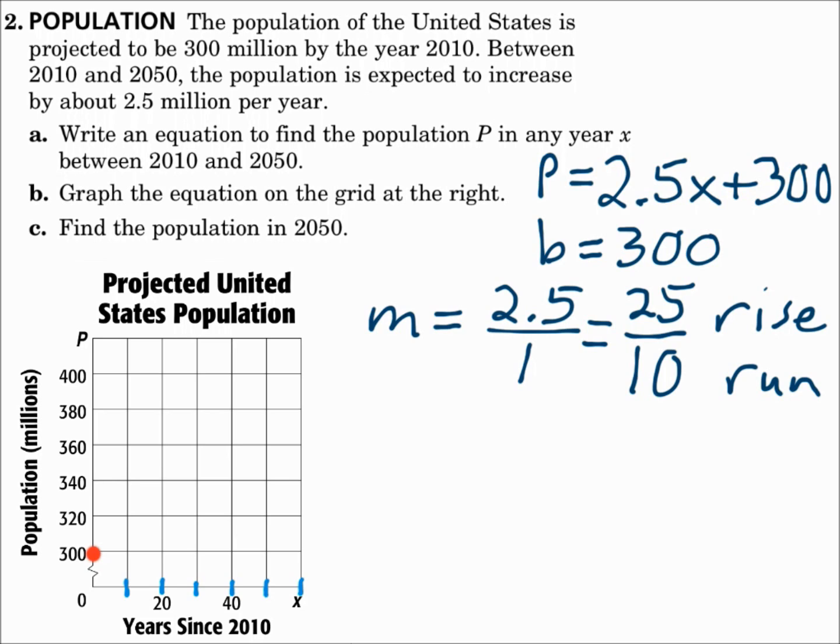So from 300, we'll rise 25 and run 10. Put another point and draw the line through those points. Sometimes you have to change your slope a little bit to fit the way the graph is drawn. Since this graph had the x-axis in increments of 10, we tweaked the fraction a little bit.